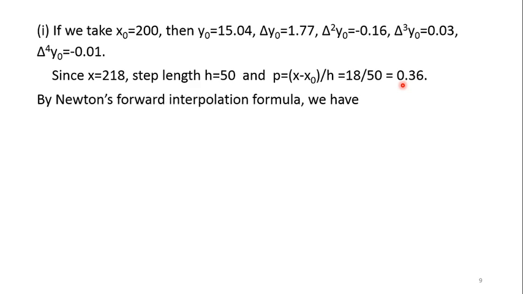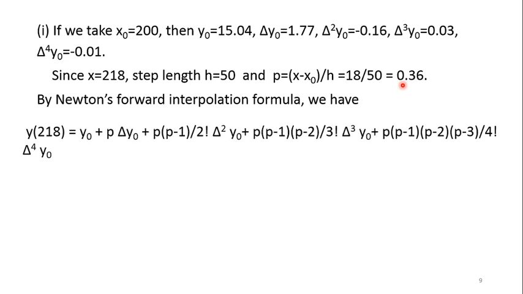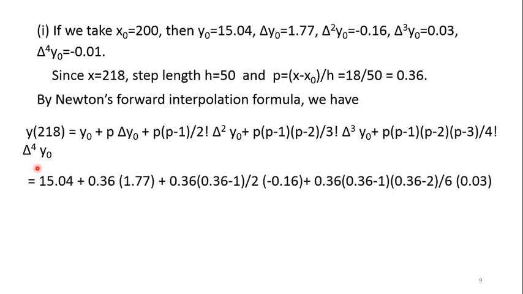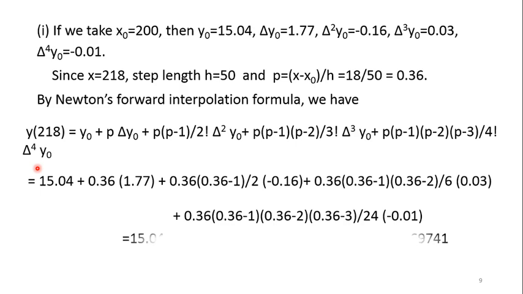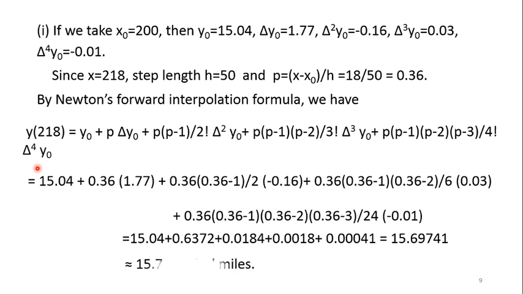So by Newton's forward interpolation formula you can apply here: y0 plus p delta y0, plus p into p minus 1 upon factorial 2 delta 2 of y0, delta 3 of y0, and so on up to delta 4 of y0. Now on substituting these respective values and simplifying, this gives you 15.69741, that is 15.7 nautical miles.